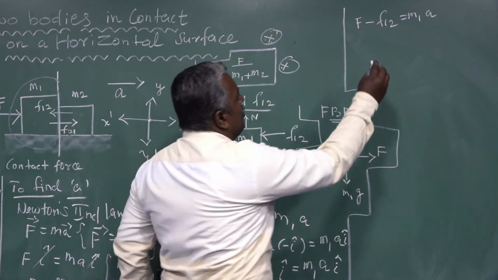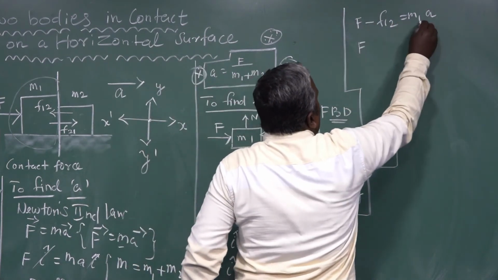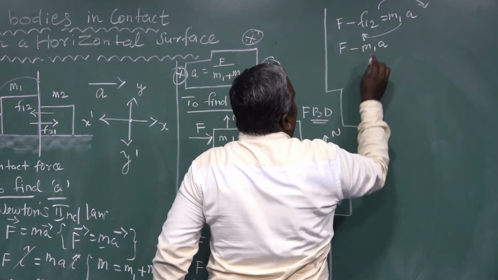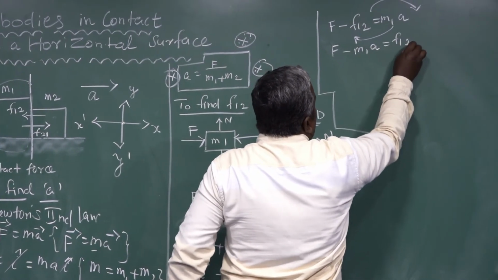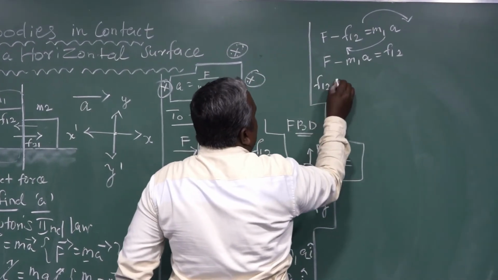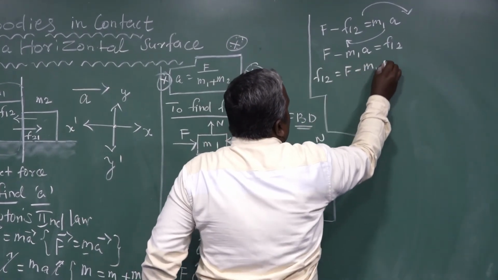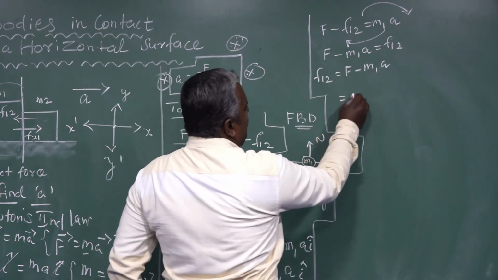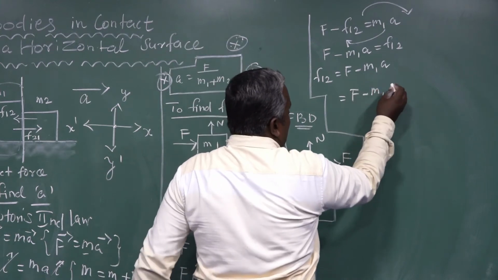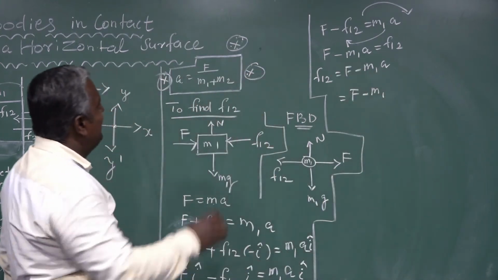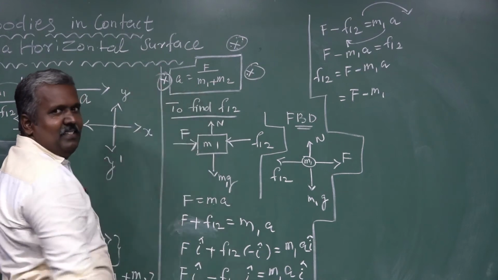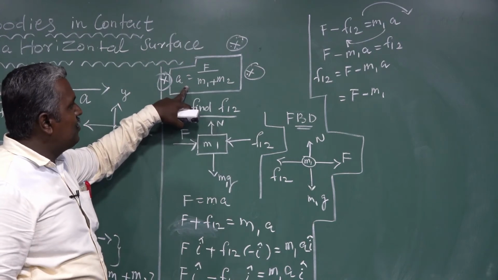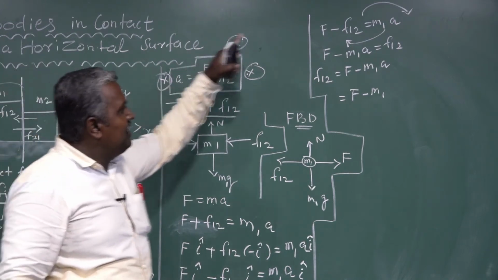Here you should calculate F12. So F minus M1 a is equal to F12. Now M1 a value is already calculated, so substitute the a value in that formula.